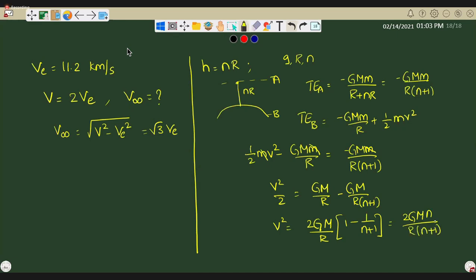Multiply and divide with R, so this will become 2GRn divided by n plus 1. So v is equal to the root of 2GnR divided by n plus 1. Mostly you must have made a calculation mistake somewhere here.